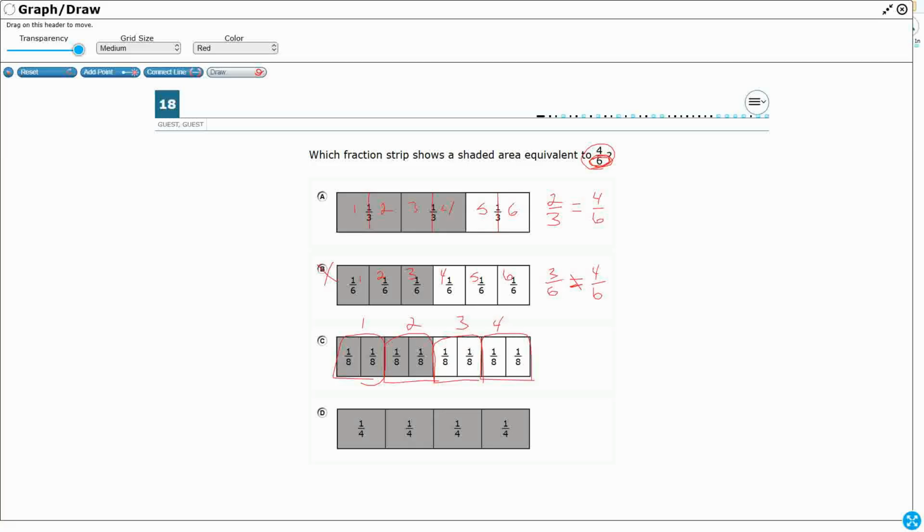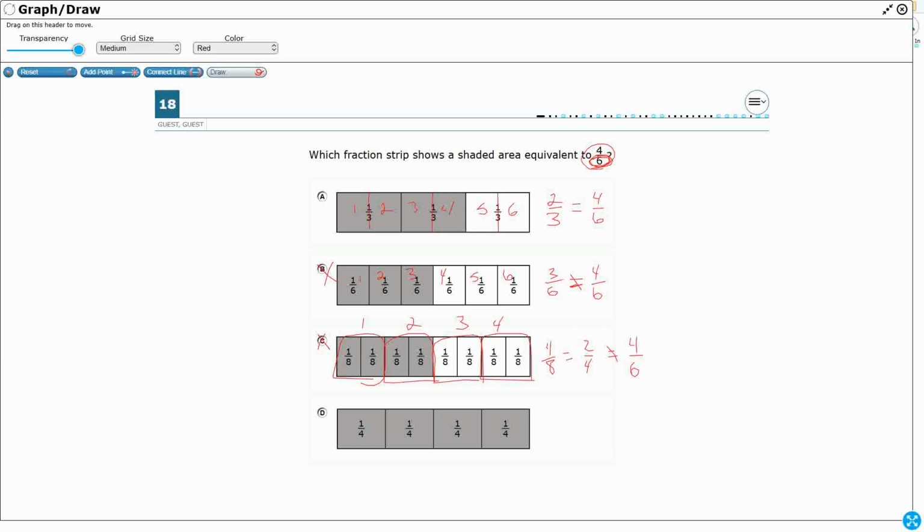But you can't really turn eighths into sixths. It doesn't work. You'd have to change them both into a really small fraction like 24ths and then convert that way, but it's not really something we do in third grade. So it's not this one. So this is going to be 4/8 equals 2/4, and neither one of those can equal 4/6.